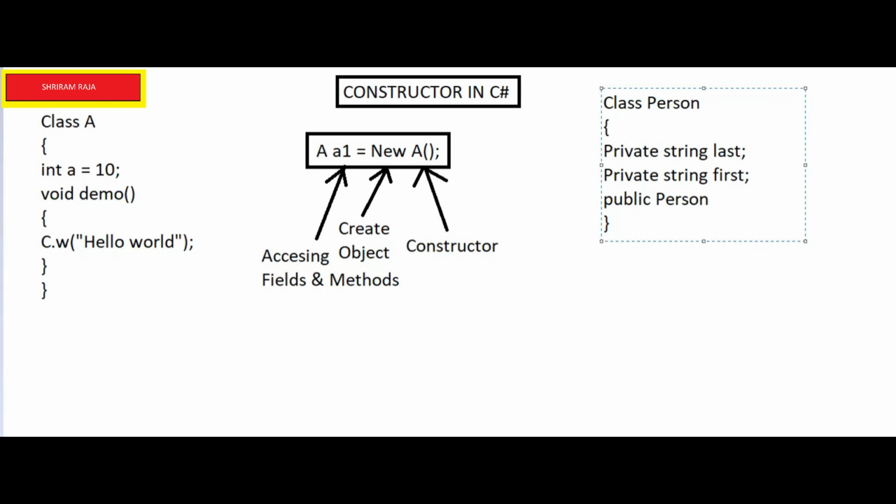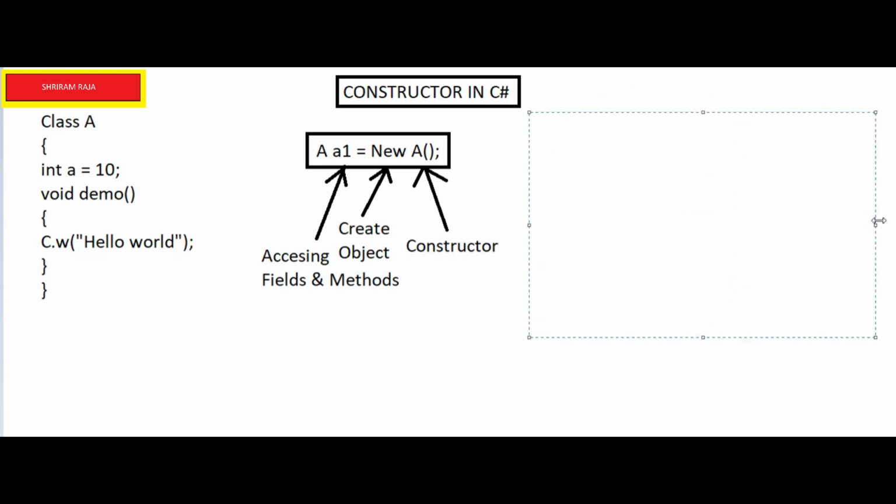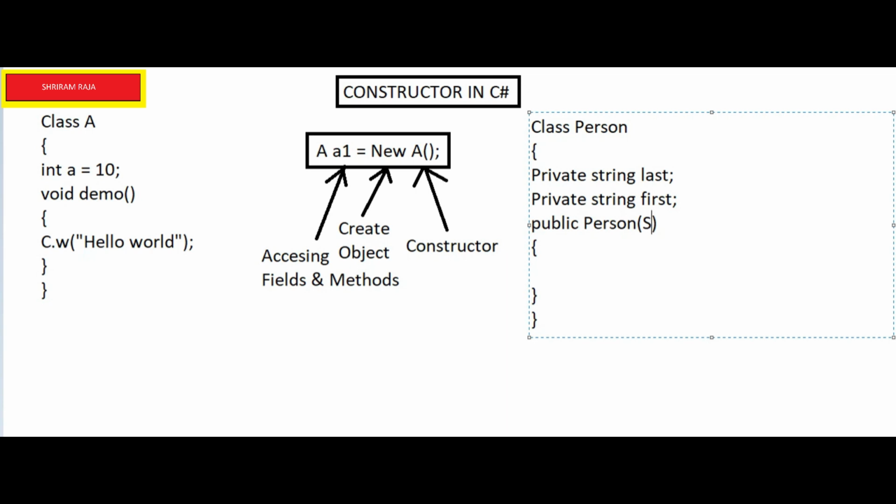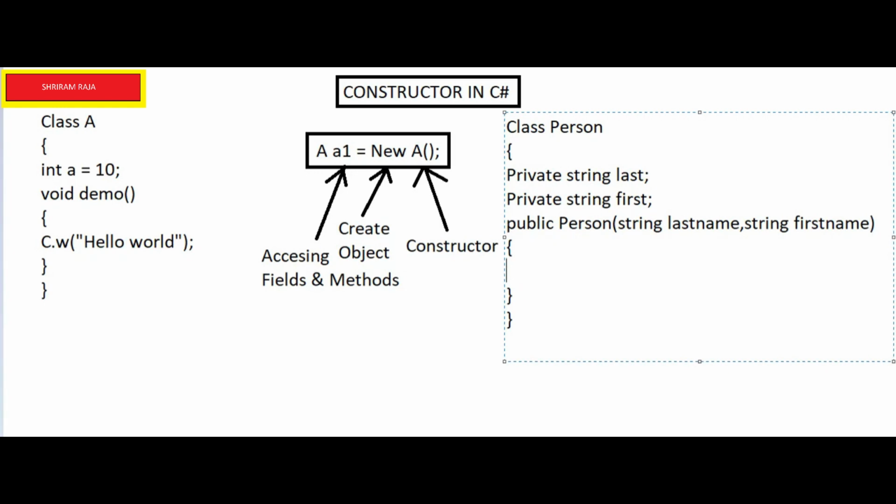Person, string last name, comma, string first name. Last equal to last name and first equal to first name. So here you can see what we are doing. This is an example for a constructor.